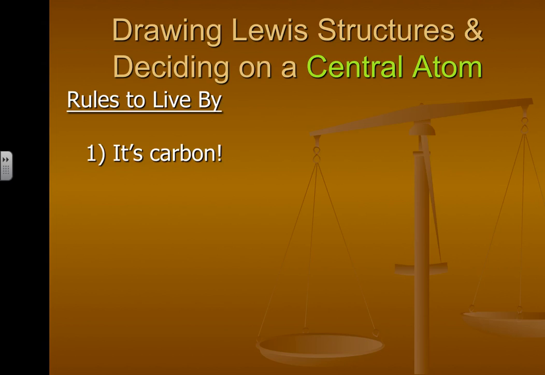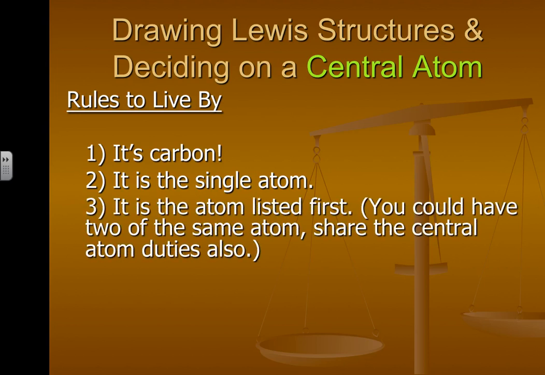What if you don't have carbon? Well, it's probably the single atom. If you look at your chemical compound, you may have multiple atoms of this or that, but maybe you only have 1 sulfur, or maybe you only have 1 oxygen, and that might be the central atom. So if you can't get to that, then maybe it's the atom listed first.